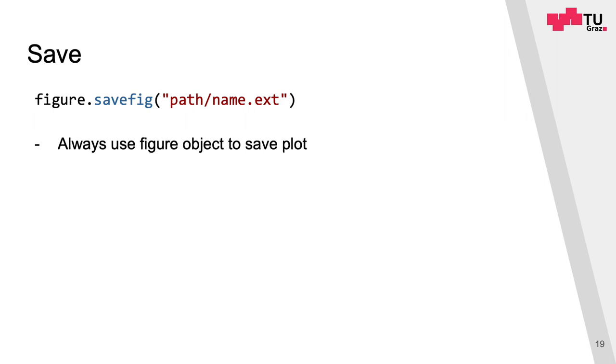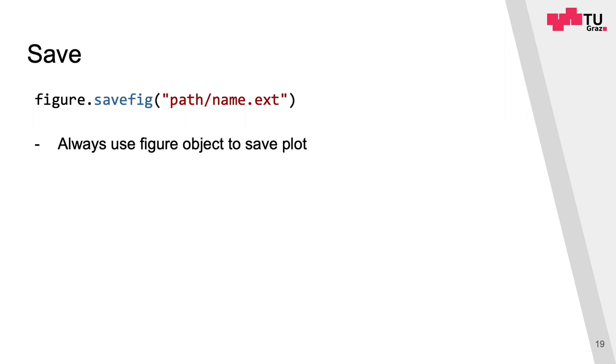If we have then produced such a nice plot, we can use the savefig method to save the whole figure. Inside the method, we need to define where we want to save our figure on our computer, and therefore we need to specify a path and an extension.